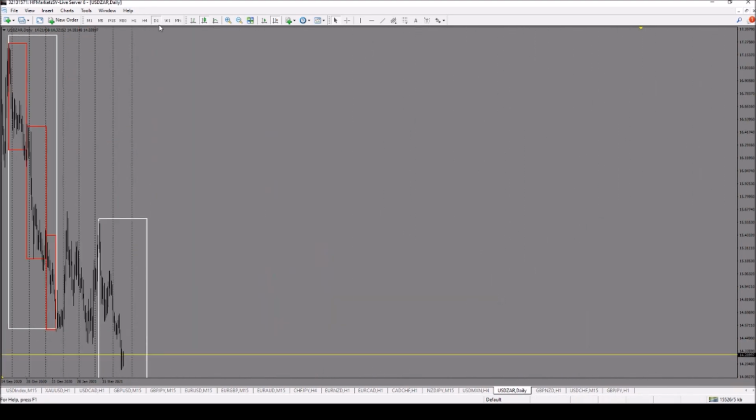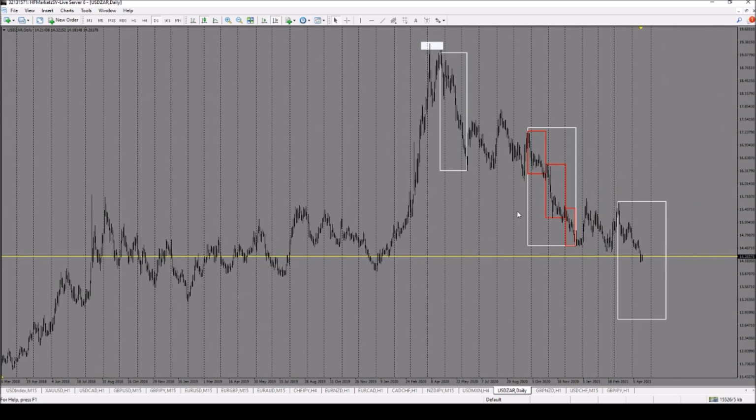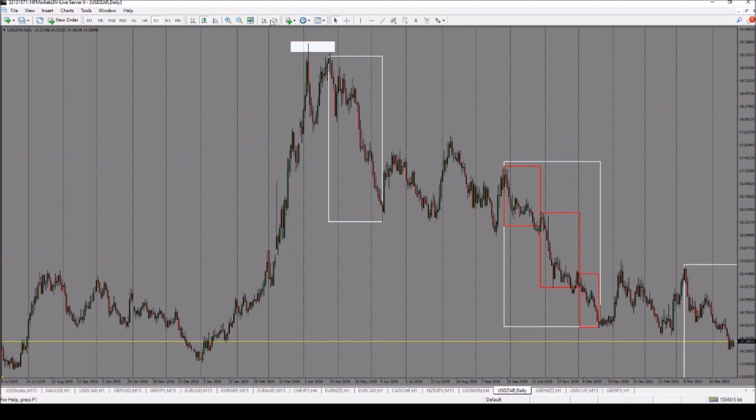You can see that we had 3 levels or 3 waves of the H4 within this daily wave.